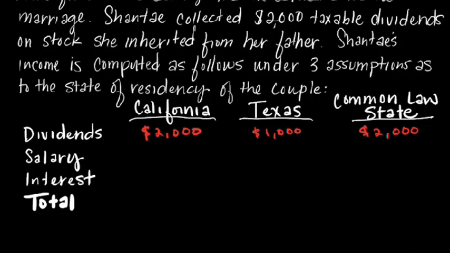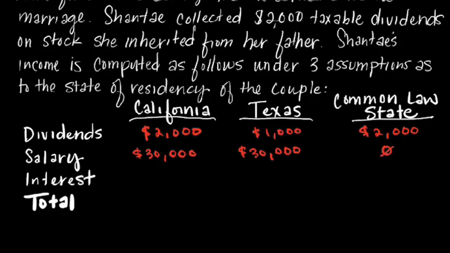Of the salary, she would be imputed $30,000 of the $60,000 that Matt makes for both California and Texas, as this is community income. But in a common law state, she would not have any income.